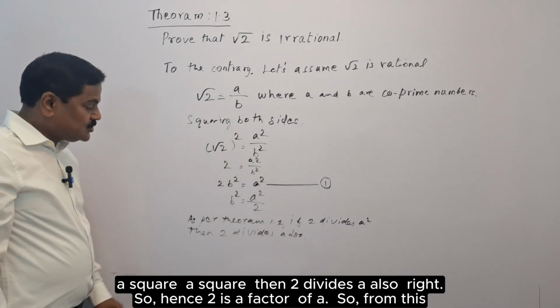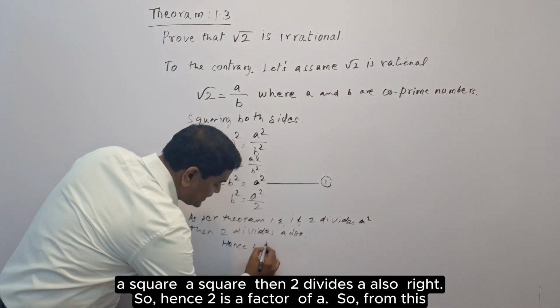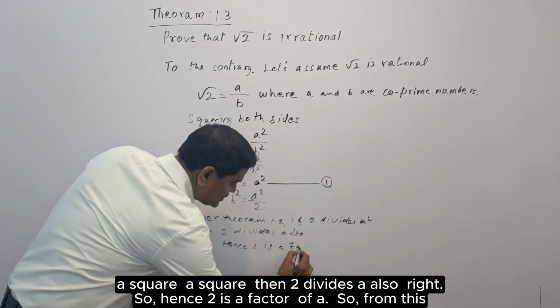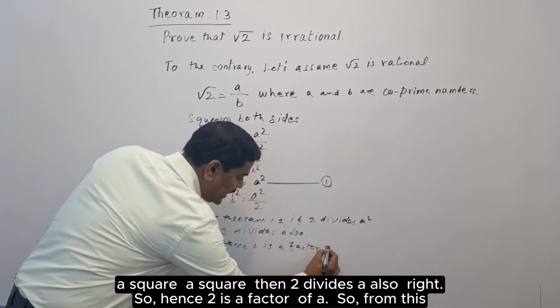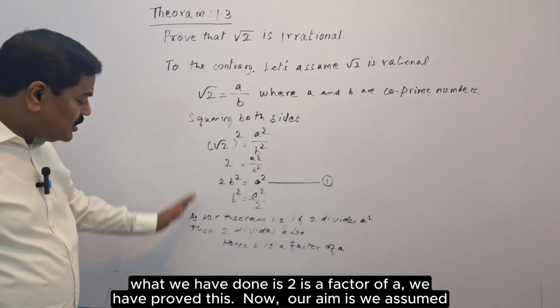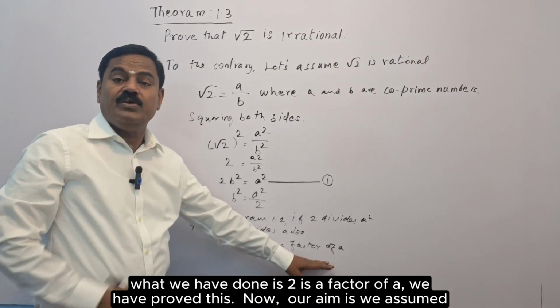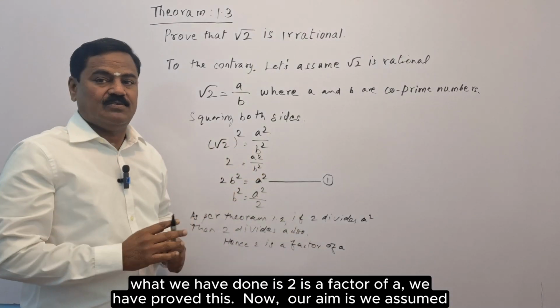Hence 2 is a factor of a. So what we have done is prove that 2 is a factor of a.